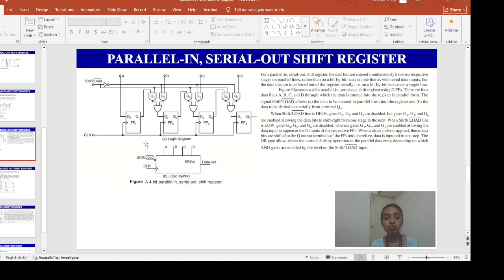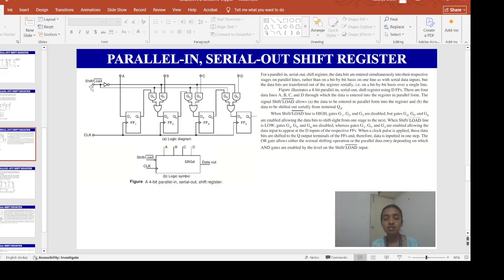You can see over here there are 4 data lines A, B, C and D, from which you are giving the input data to your flip-flops in parallel form. Over here you can see there is a signal called shift or load bar.